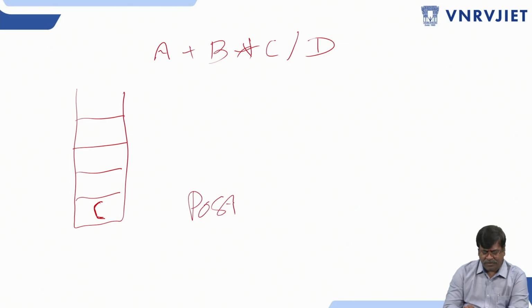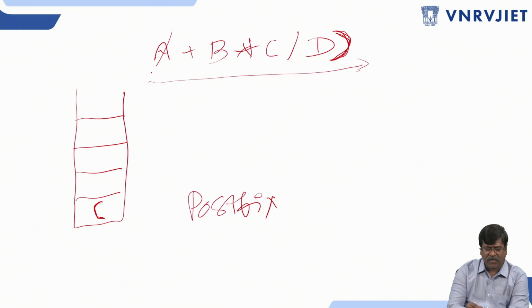Then we are going to add the close bracket to the infix expression. Now we are going to evaluate this infix expression from left to right, one by one, and we are going to execute that infix to postfix algorithm.